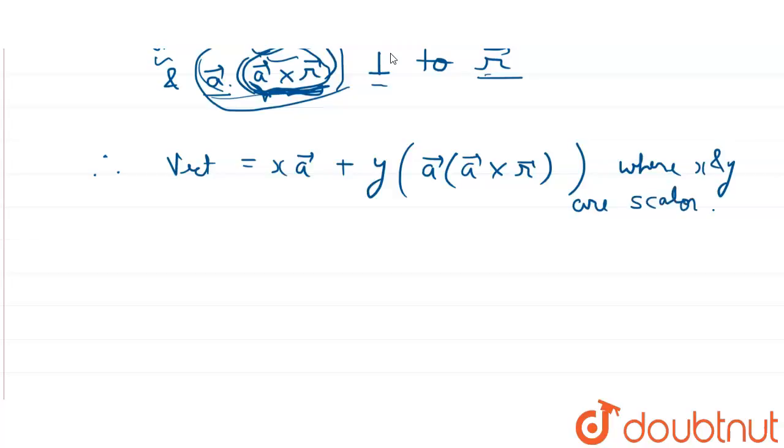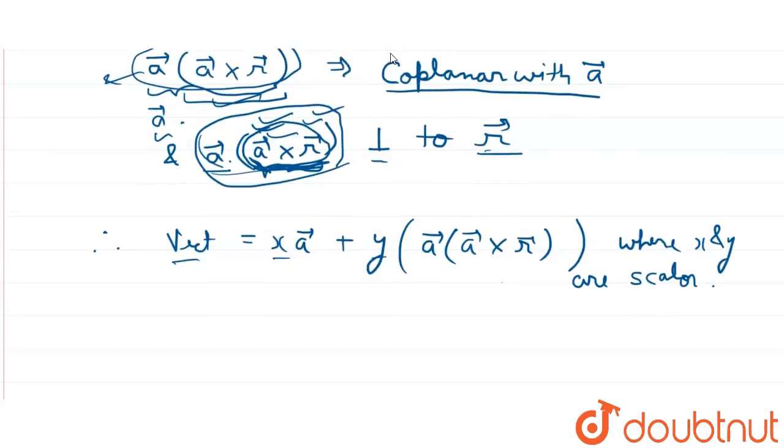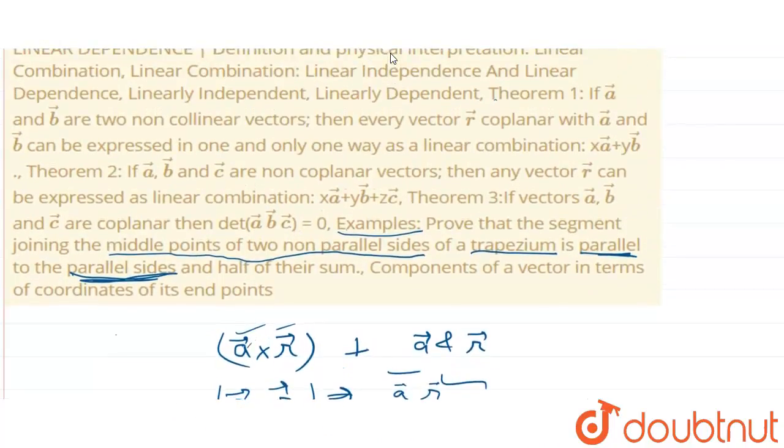See, we can write any vector in the form of x and y. It is also given in the question: any vector r can be expressed as a linear combination of x a vector plus y b vector plus z c vector. So x is in the direction of x, y is in the direction of y, and z is in the direction of z, and a vector is the component, b vector is the component in y, and c vector similarly.